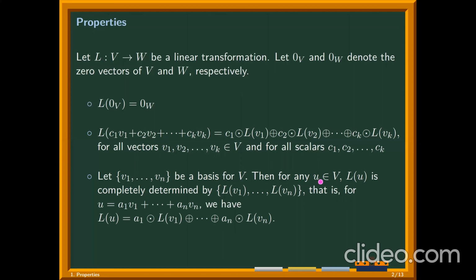So if u is an arbitrary element of V, then it is a linear combination of the basis elements. And then L of u is just the linear combination of the images of v1 up to vn by the scalars in this linear combination.